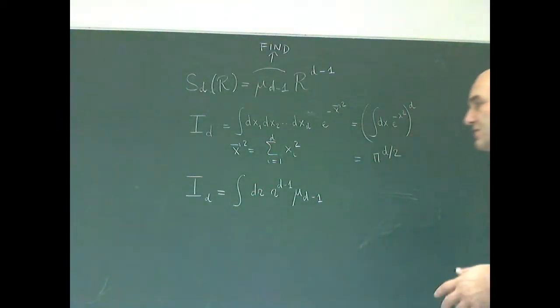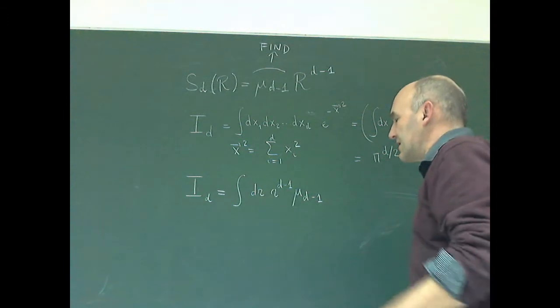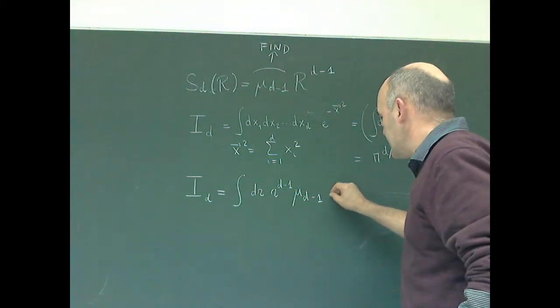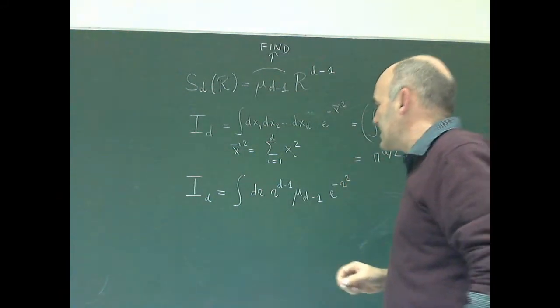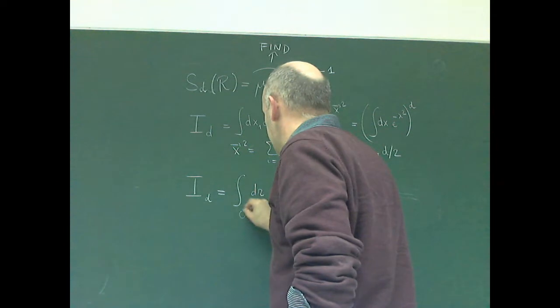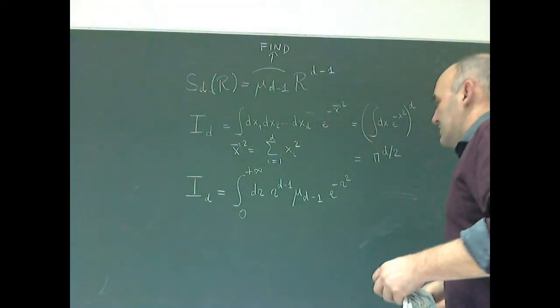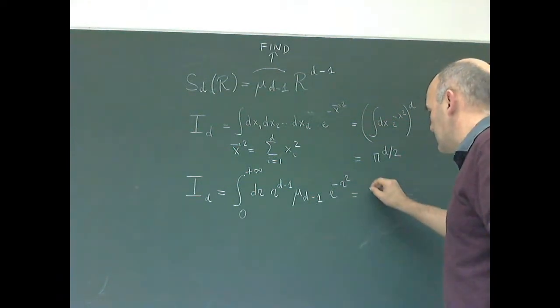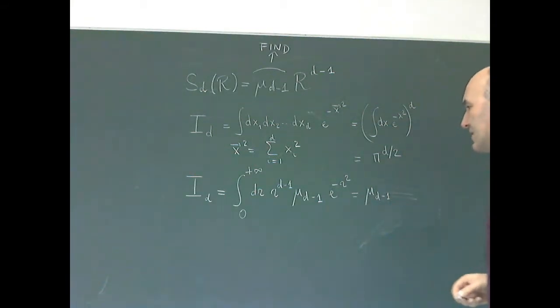Because if I integrated this from 0 to r, this would be exactly the volume, but now I want to calculate this integral, which is defined from 0 to plus infinity. So from this calculation we get mu d minus 1.